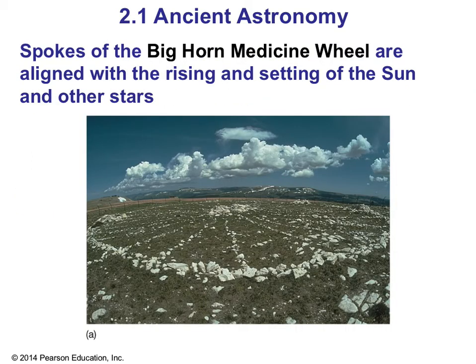This is one of the examples of observatories in the Americas. The image here illustrates the Bighorn Medicine Wheel in Wyoming that was built by Indians and has features that roughly aligned with rising and settings of the sun and other stars.